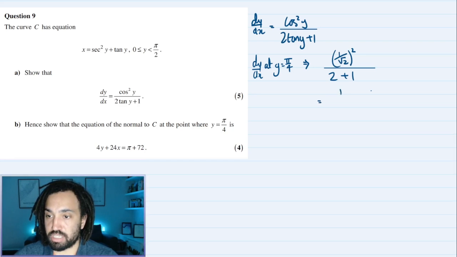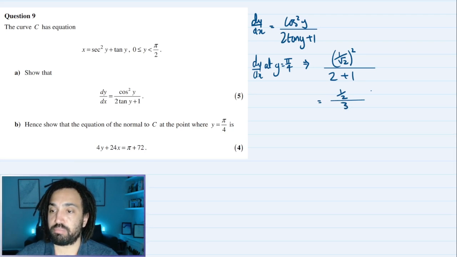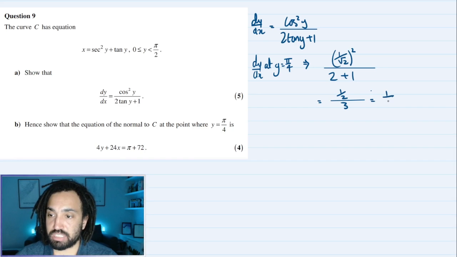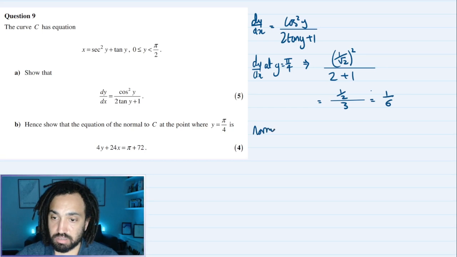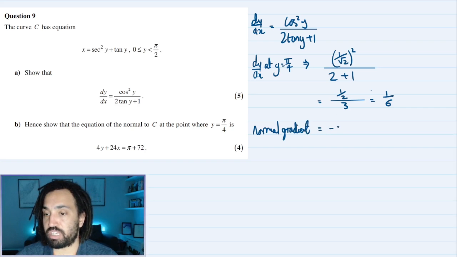Okay, so this is a half over 3, which is the same as a sixth. So the normal gradient is the negative reciprocal of the tangent gradient, so that will be minus 6.